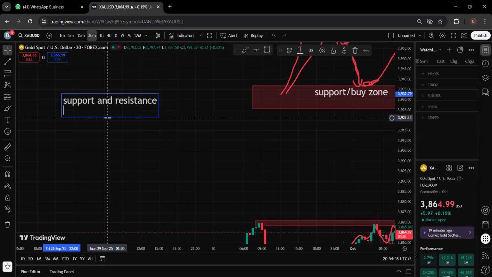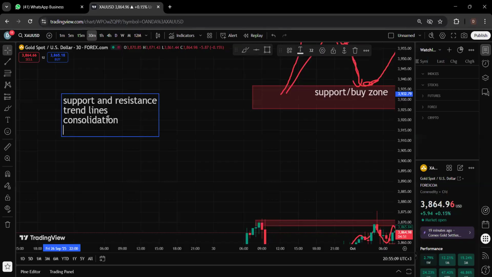We have the trend lines. Then we have consolidation, how to trade a consolidating zone. Tomorrow we'll talk about the fib, and in the evening, we'll talk about the fair value gap. The 3 concepts that we've already learned can already make you money.